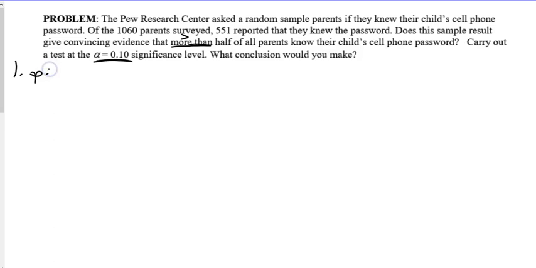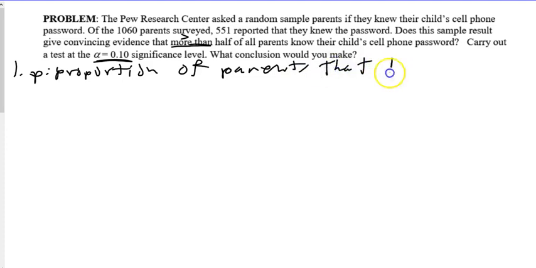So, P is the proportion of parents that know their child's password. Okay?